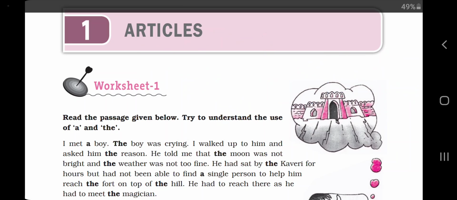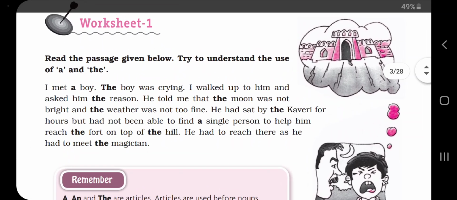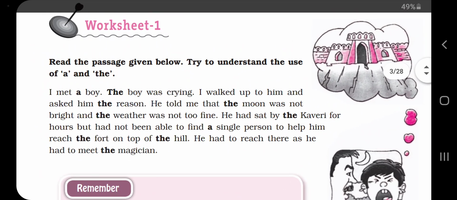Let's see what is there in this worksheet 1. Now you have to see the bold words. I met a boy, it is any boy, that's why it is a.